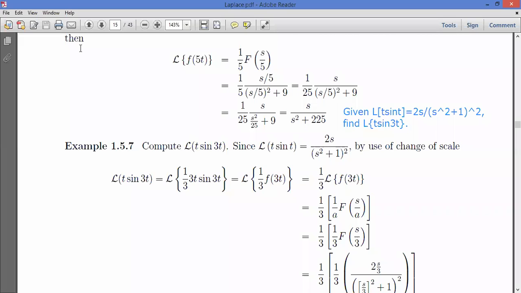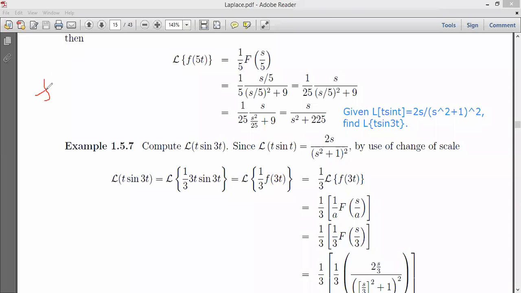The other one was f of t, and the other one we had in the definition was g of t, which was f of at. I think you remember that.